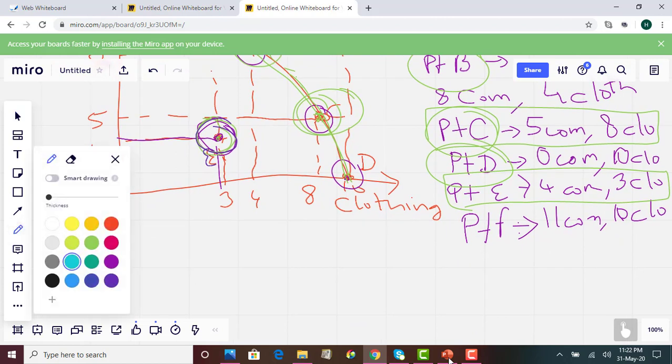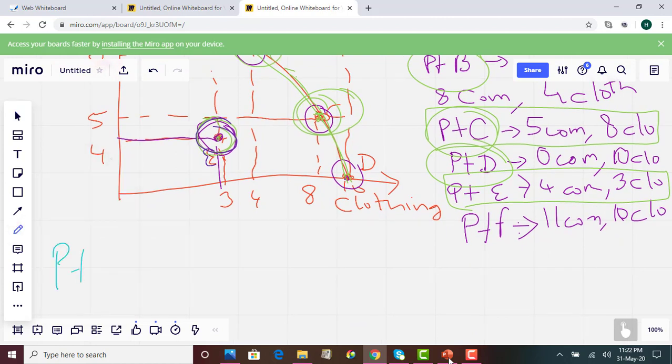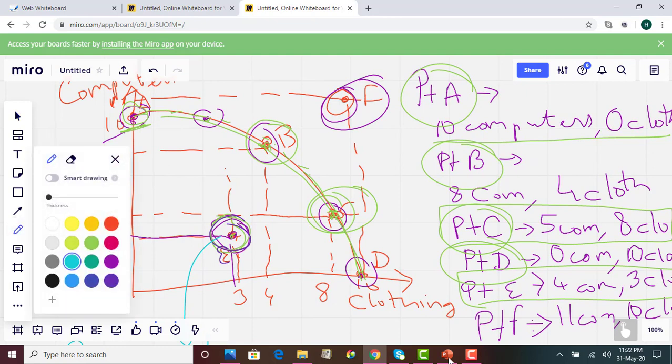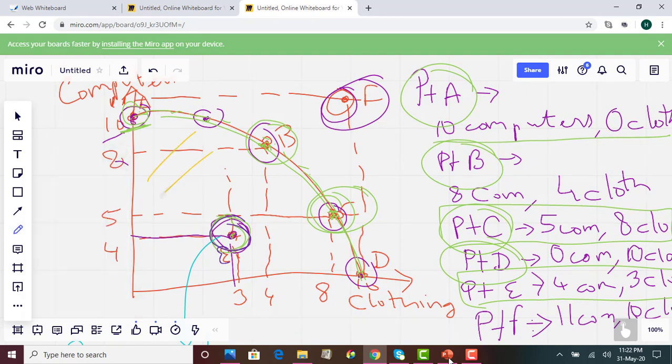Anytime we are operating below the line, anywhere here, here, or here, we are inefficient.